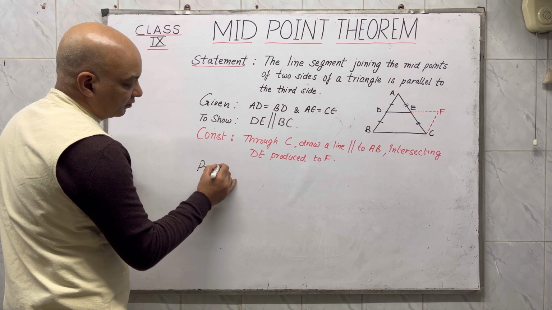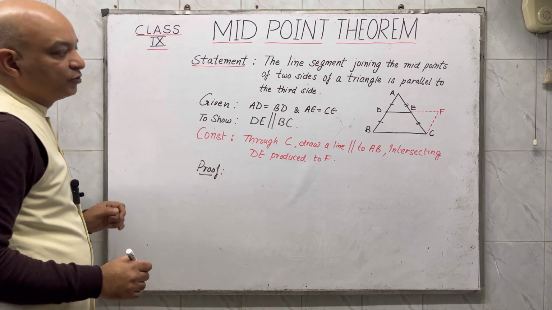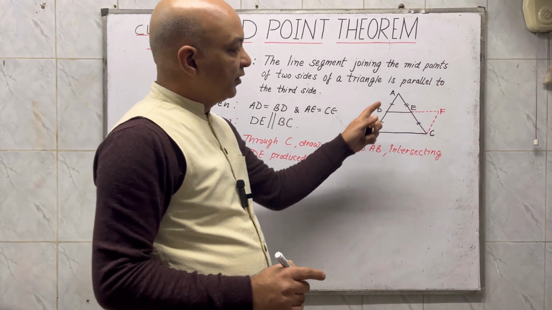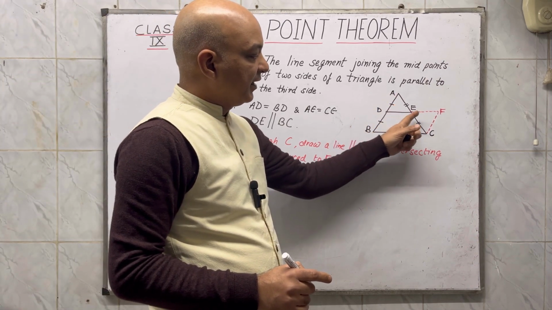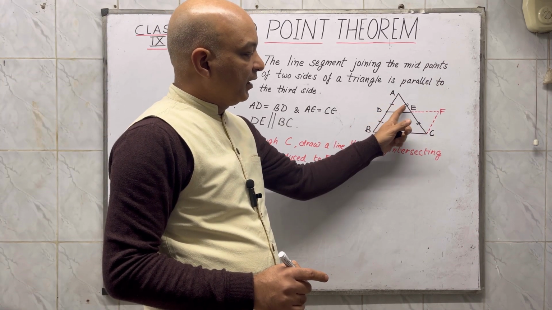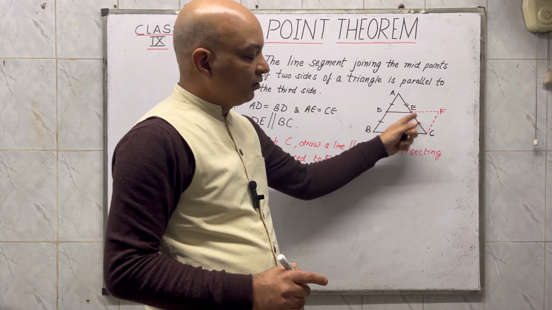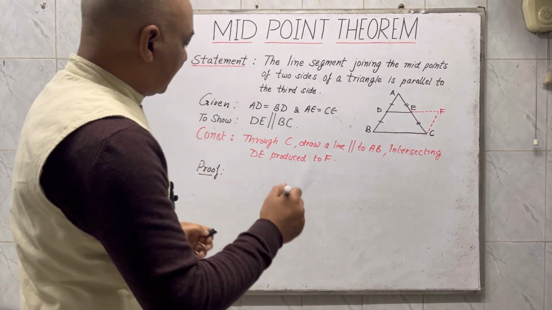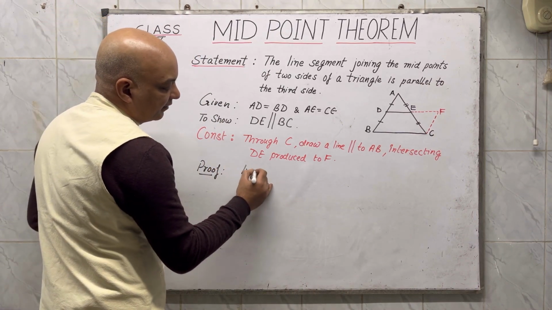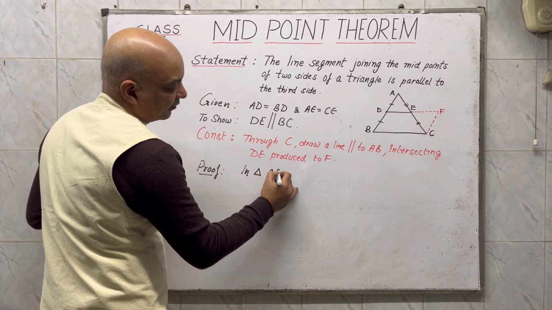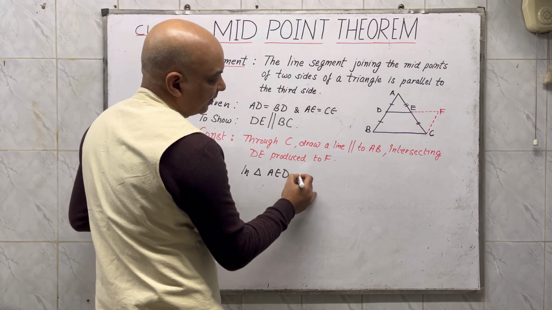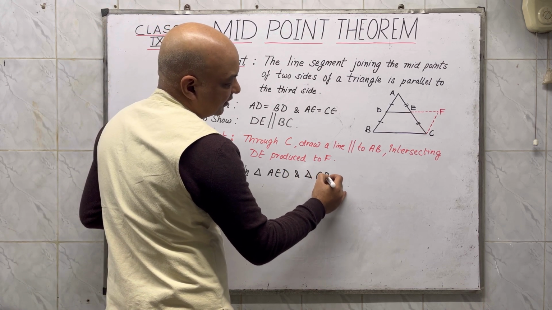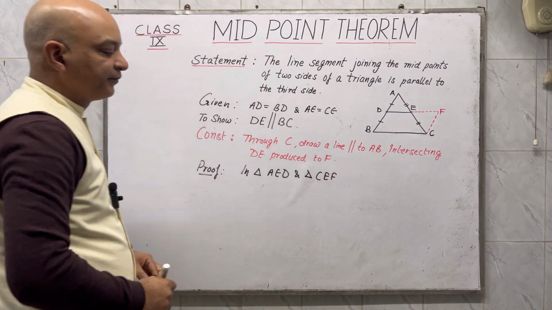So first of all, I need to consider two triangles. Here I am going to consider this and this triangle and prove them to be congruent. So the triangles are AED and triangle CEF.